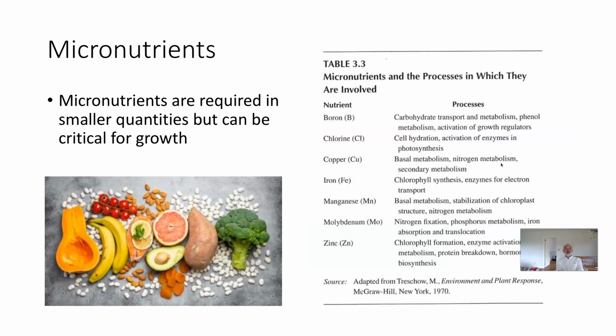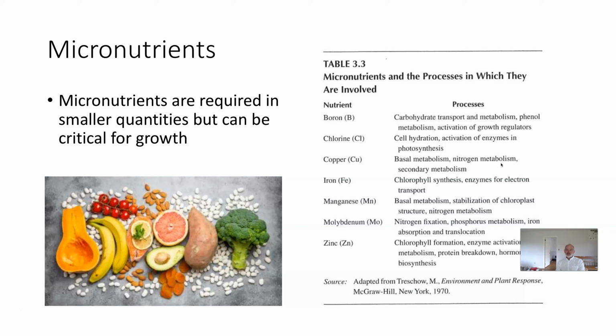Okay, micronutrients. We're not going to go into the specific micronutrients, but on the right there's a table with some of the most common micronutrients, including boron, chlorine, copper, iron, manganese, molybdenum, and zinc.